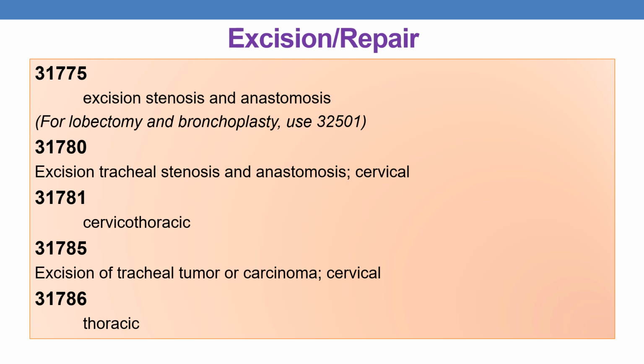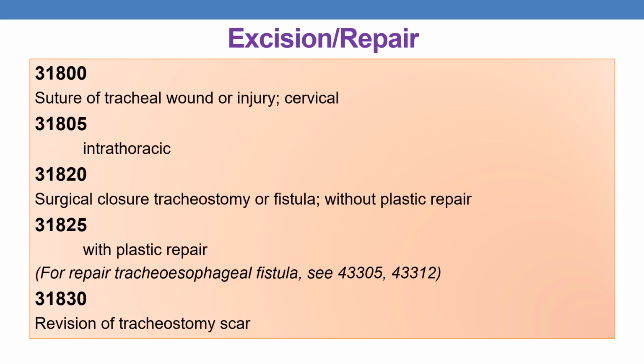And for thoracic region, that is the excision of tracheal tumor or carcinoma thoracic, the CPT is 31786. The next CPT is 31800. It deals with suture of tracheal wound or injury cervical. The next is 31805. Suture of tracheal wound or injury intrathoracic.